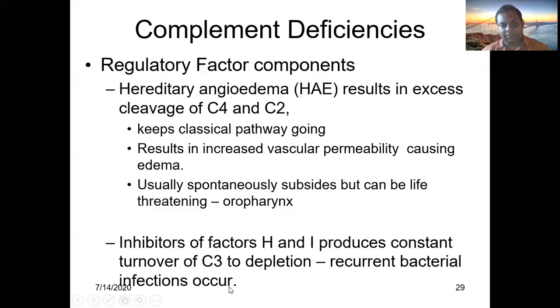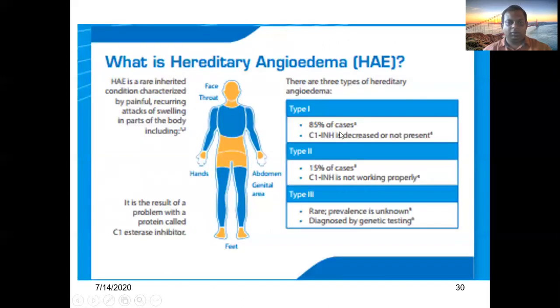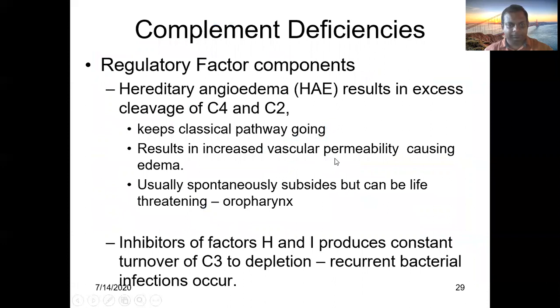Recurrent bacterial infection occurs, as well as edema, due to this regulatory factor deficiency. So you can see there are types, but this is a hereditary disease with a protein deficiency called C1 esterase inhibitor deficiency. So there is continuous activation of the classical pathway.